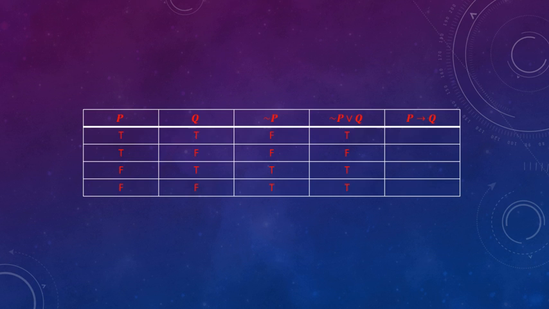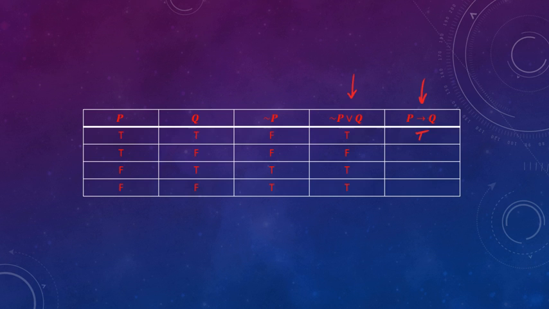Now we just need to fill in our last column, the column for the conditional P implies Q. And from the previous video, from problems we've already done in this video here, it's really easy to see that you are going to get the identically same column for P implies Q as you did for not P or Q. A true implying a true is true.